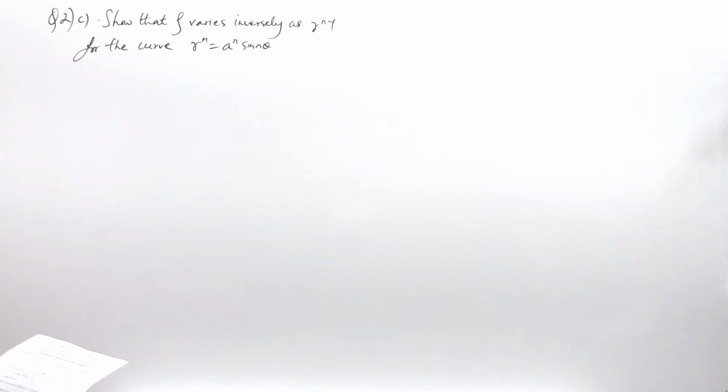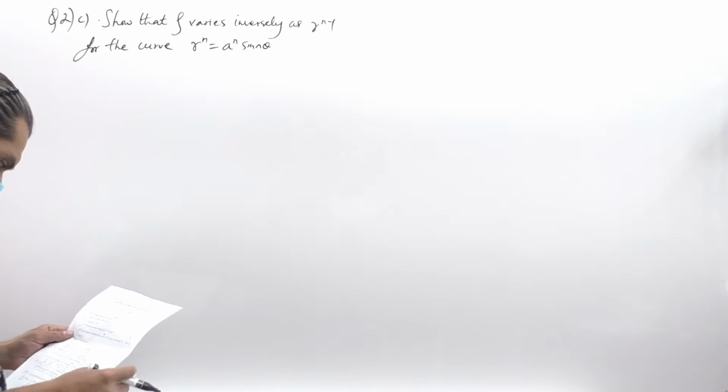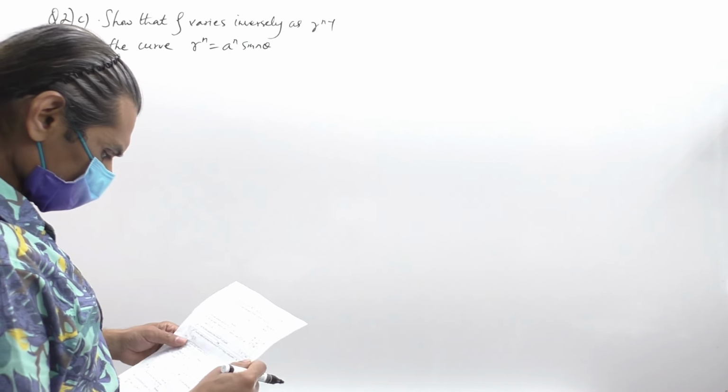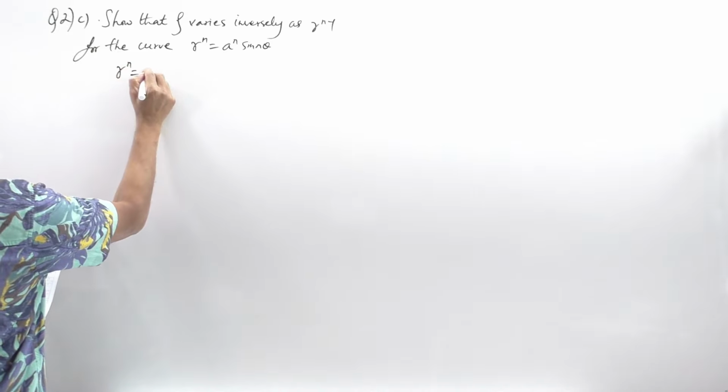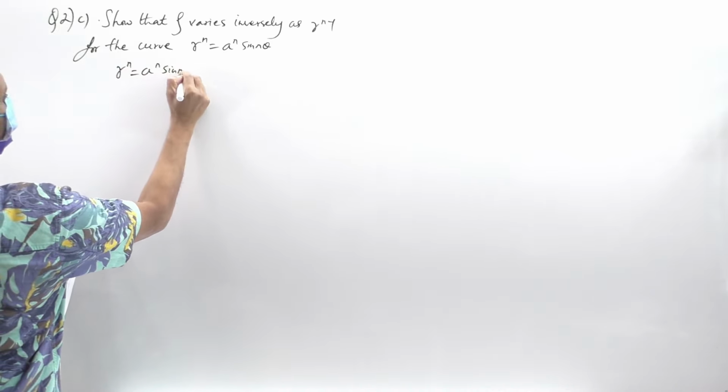Okay, so let's solve this problem here. Rho is the radius of curvature. Fine. Now we have r to the n is equal to a to the n sin n theta.